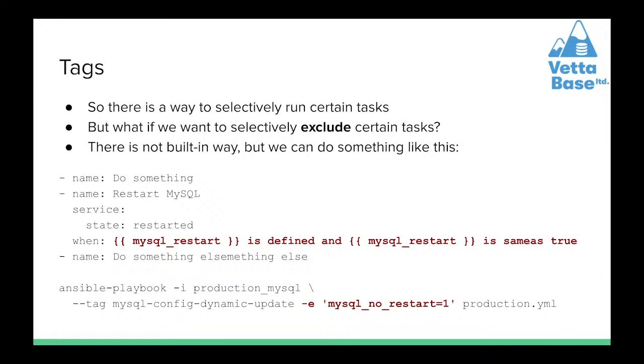one time. For example, I'm applying specific changes, and for this time I want MySQL to be restarted. I can do it by passing an environment variable. To do it, I can use the syntax that you can see here.